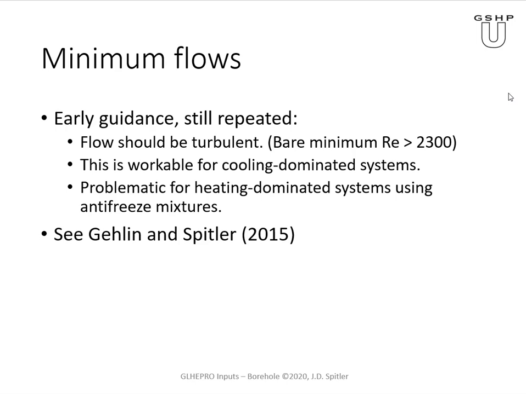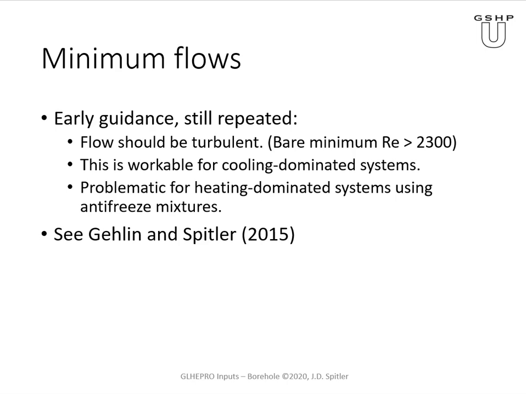If you say that under absolute worst conditions I have to have turbulent flow, you'll often find that you need quite high velocities. And at that point, you have to pay for those high velocities also.